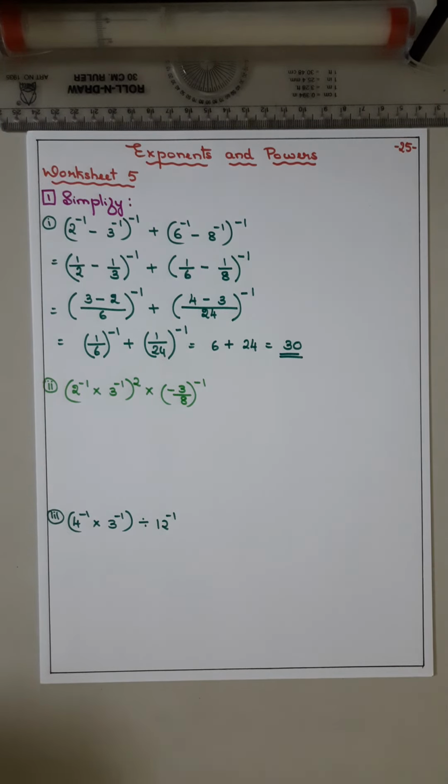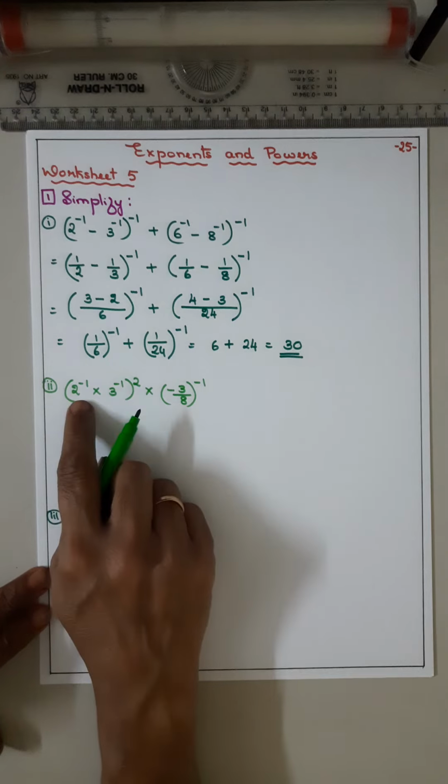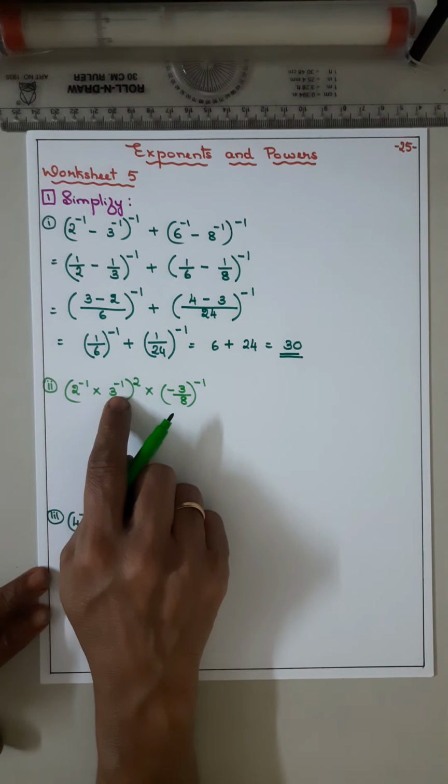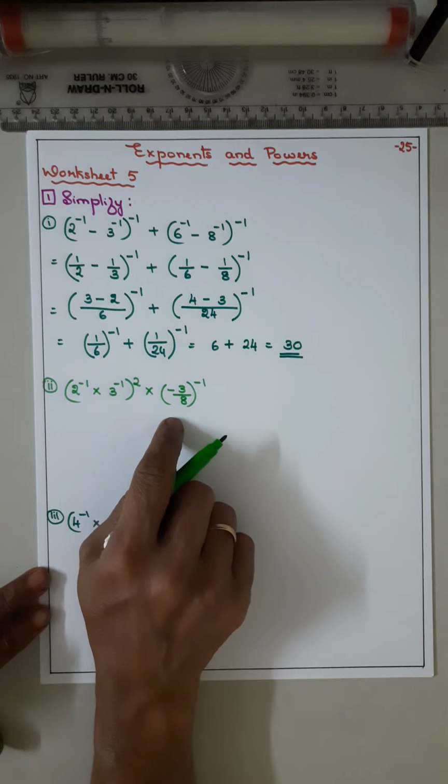Understood? इधर नेगेटिव पावर्स का वो लॉ यूज करके किए हैं. Now coming to the second sum, 2 to the power minus 1 into 3 to the power minus 1, the whole raised to 2, into minus 3 by 8, the whole raised to minus 1.